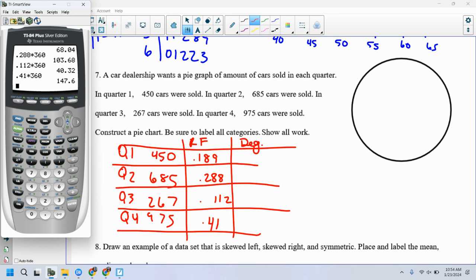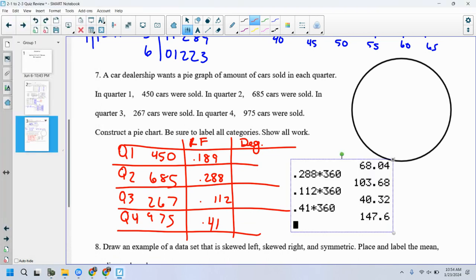I'm faster than my calculator can go. Okay, we got 68, rounding to the nearest degree. 68 degrees, 104 degrees. Is that right? Yeah, because it's more than 90. 40 degrees, and then 148 degrees. Cool. Let's make my pie chart.